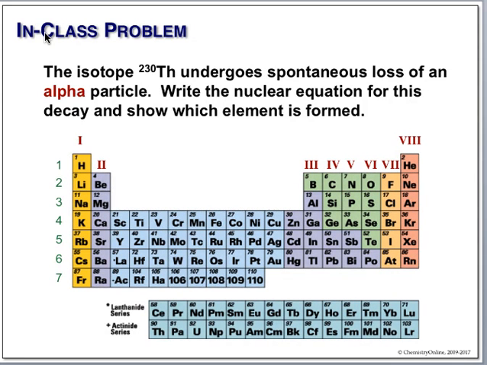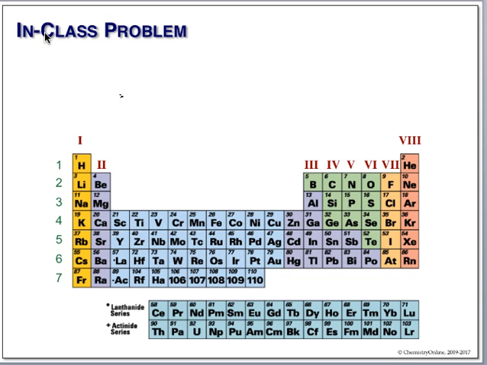All right, let's do a quick problem. Here we have thorium-230. It loses an alpha particle. What I want you to do is write the nuclear equation for this decay. So we're starting with thorium-230, 90 protons in the nucleus.